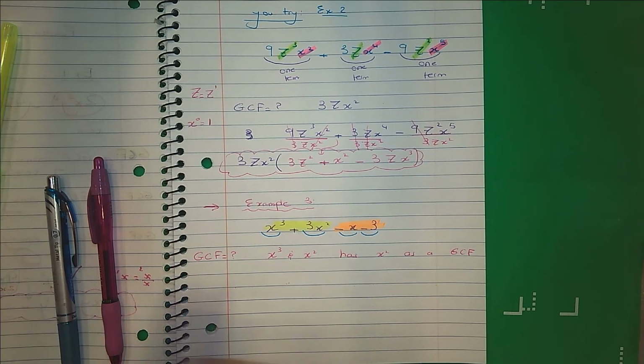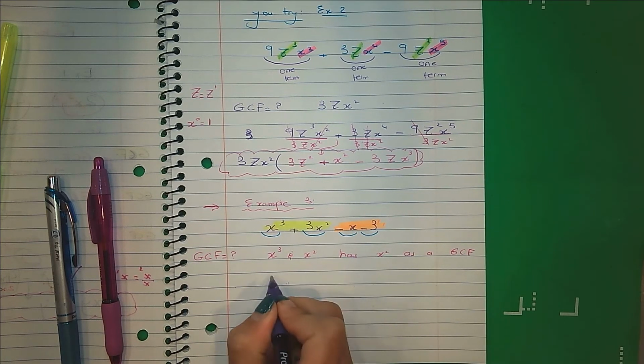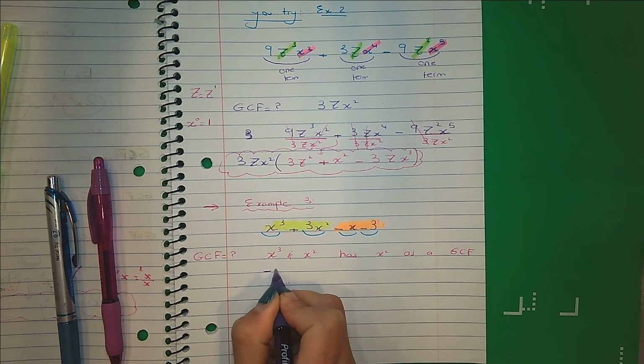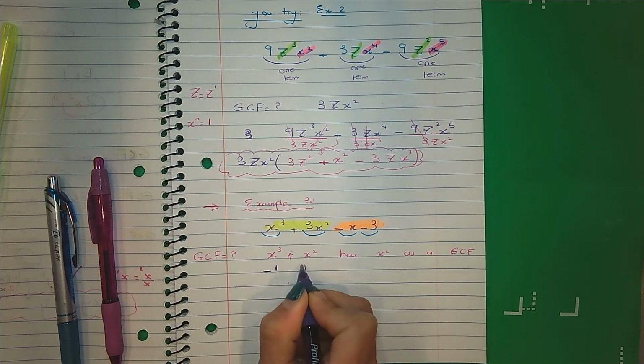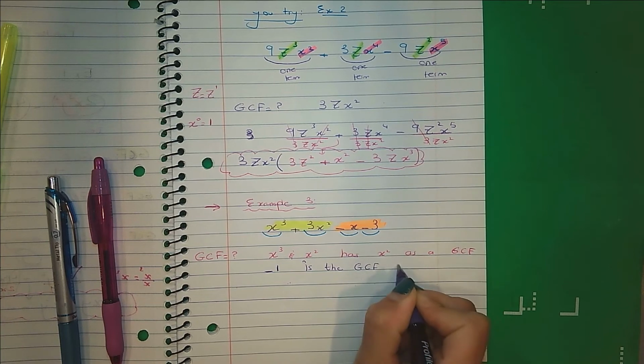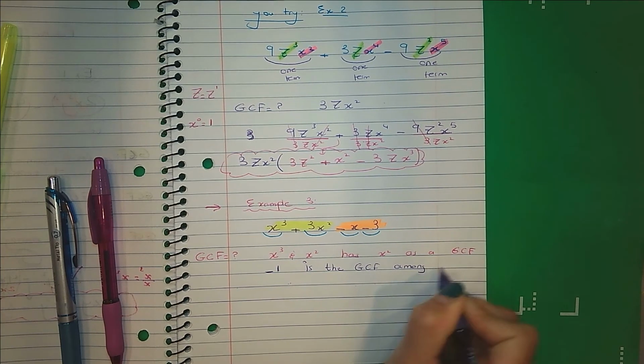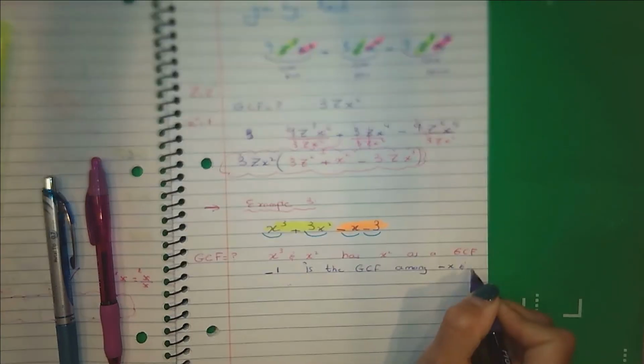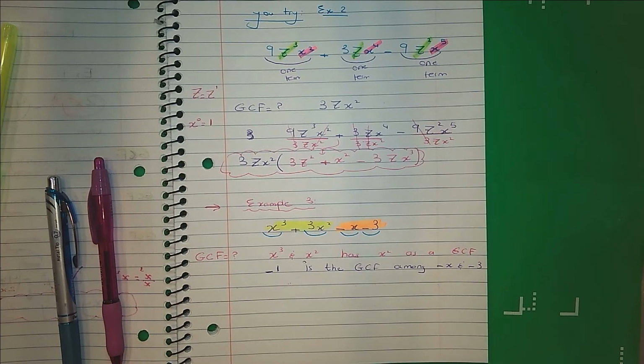Okay, but what about negative 1 here and negative 1 here? Make some positive. So I will take negative 1 as the greatest common factor among negative x and negative 3.